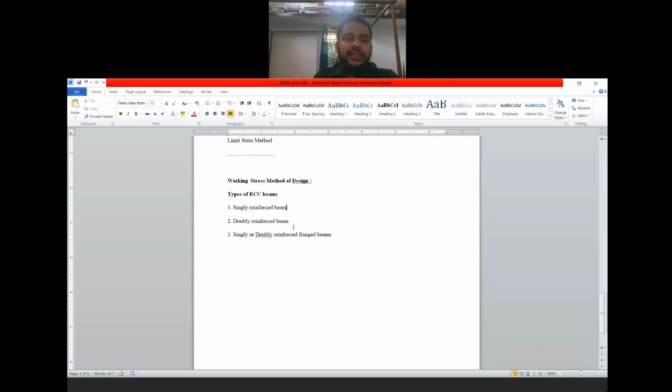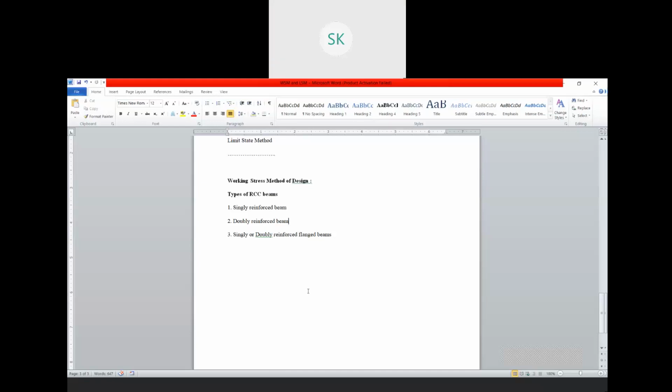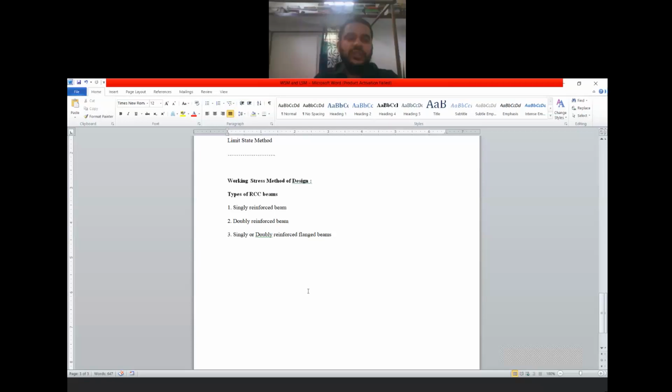If I give you a simply supported beam, and the beam is singly reinforced, will you provide reinforcement at the top or at the bottom? Bottom, sir. Yes, bottom, because at the bottom our tensile stresses will develop. So we provide the main reinforcement at the bottom.